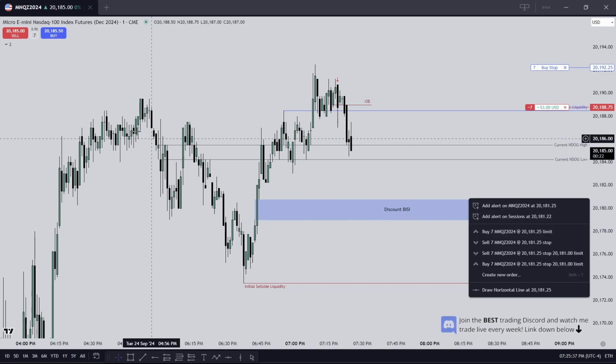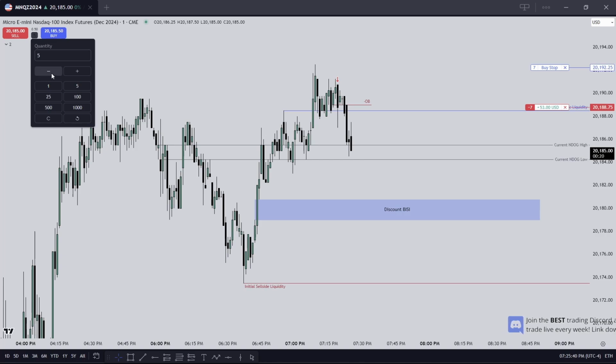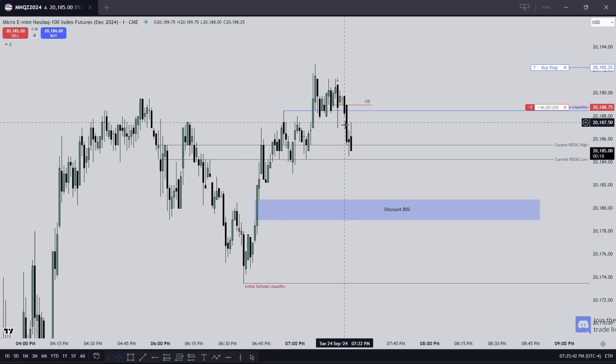About right there. I'm going to take off 4. So this is your first stage distribution, this fair value gap. I want to see a sell off here.